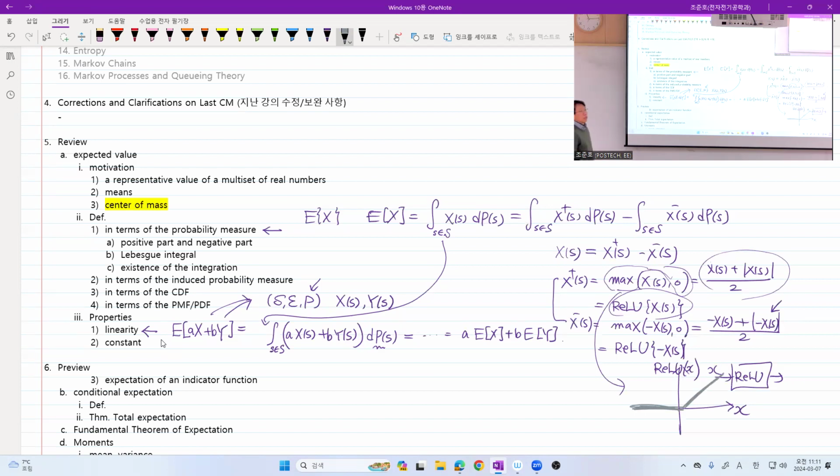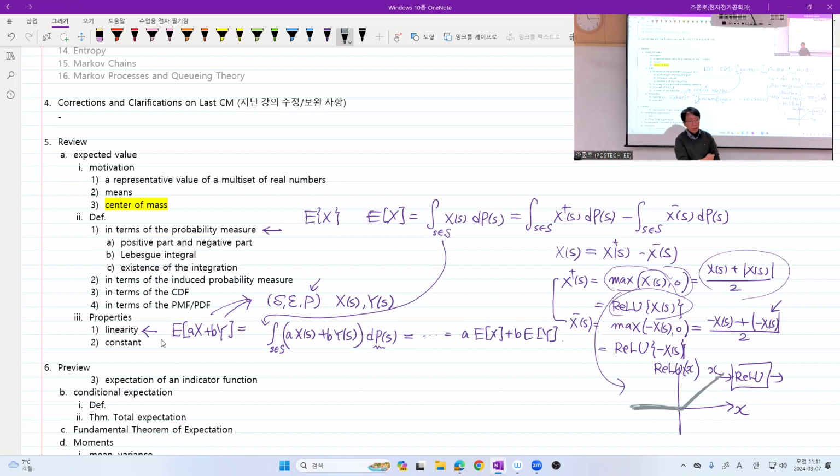So it's a nonlinear activation function. And as you see, if you subtract these two, these parts cancel, and these two terms add up to 2 times X of s. You divide by 2 to get the original random variable.